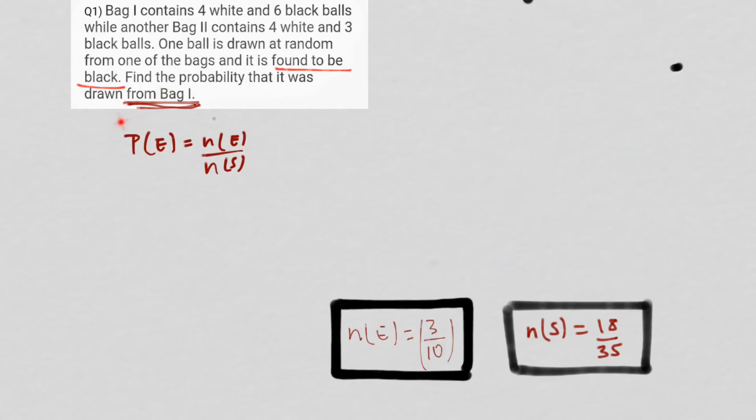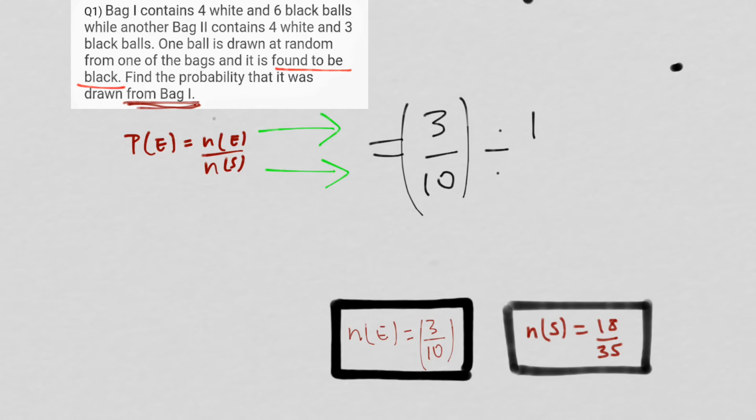Getting to the old formula, NE is 3 upon 10. NS is 18 by 35. So NE by NS is equal to 3 by 10 divided by 18 by 35, which also means multiplied by 35 by 18.